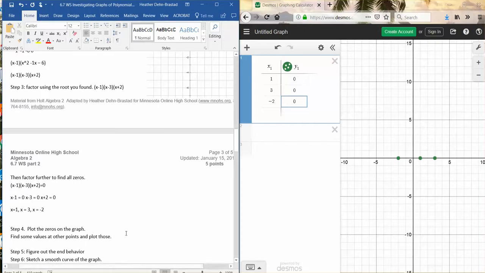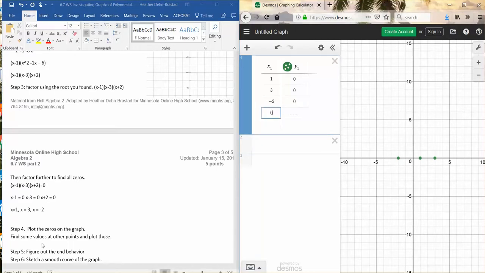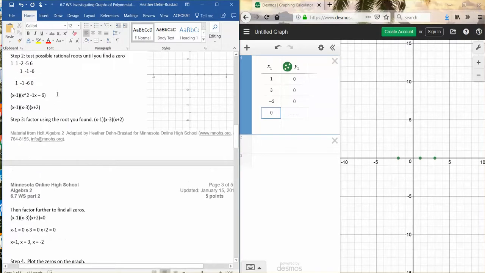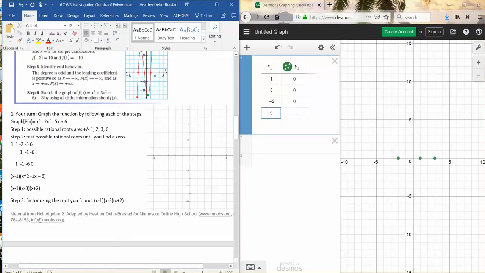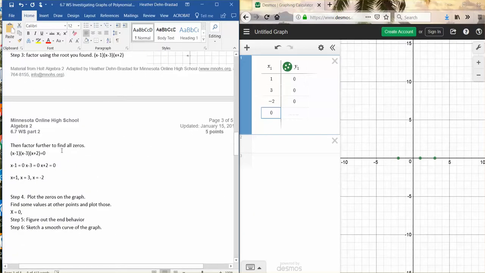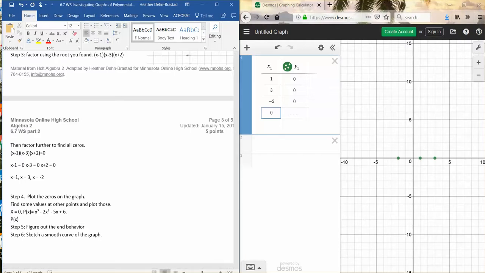Let's make a little xy table. We'll just continue in here. Let's find out where it's at x equals 0. So when x equals 0, where's my original function? I'm going to put 0 in for x and see what I get. So when x is equal to 0, p of 0, because I'm letting x be 0, would be 0 cubed.